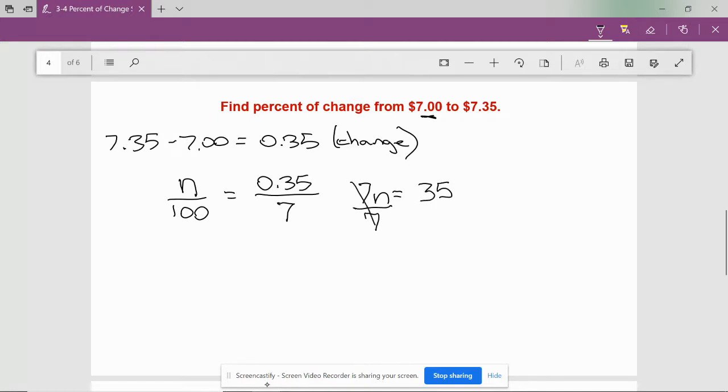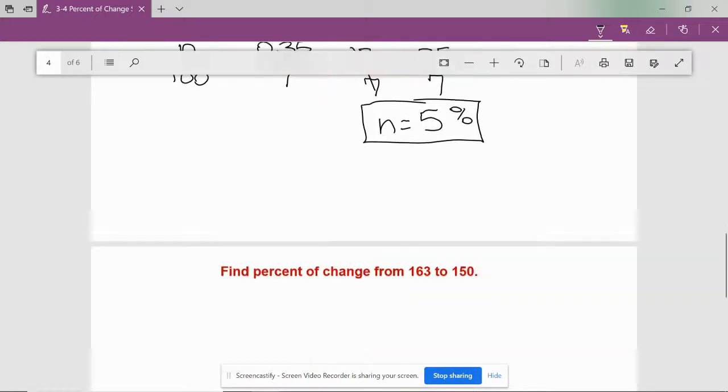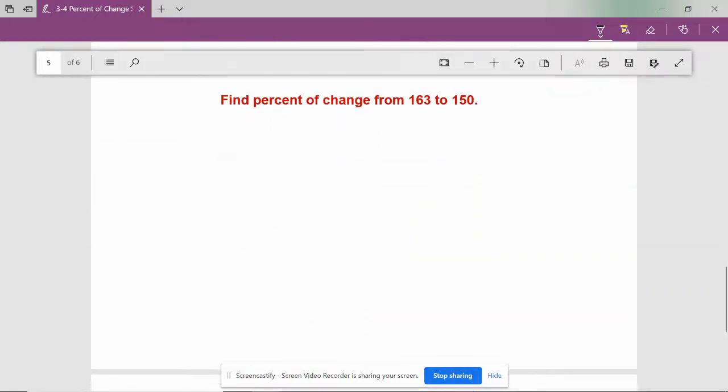Dividing both sides by 7, n is going to be equal to 5%. So there's our answer right there. Again, not too bad as long as we get our numbers in the right spot. I think this is rather easy. Let's go on to the next one.